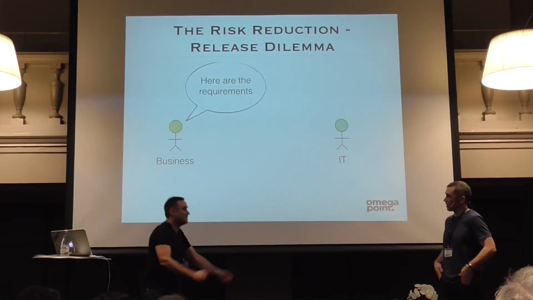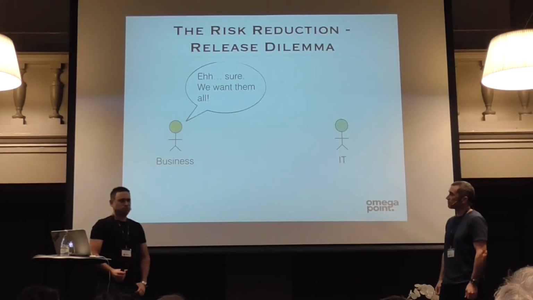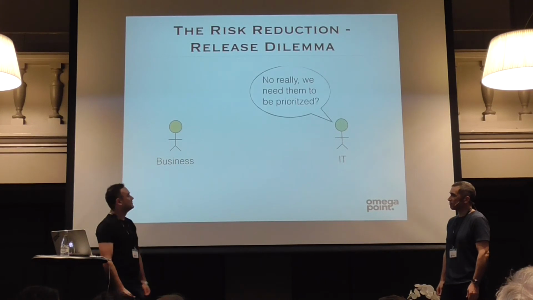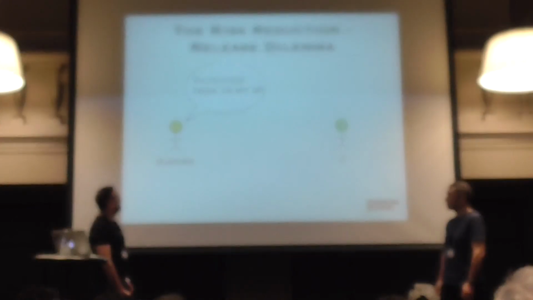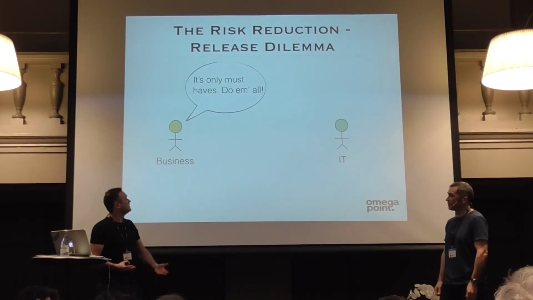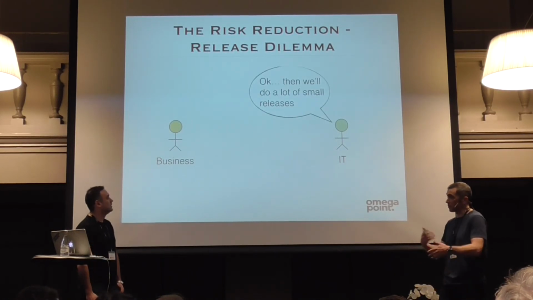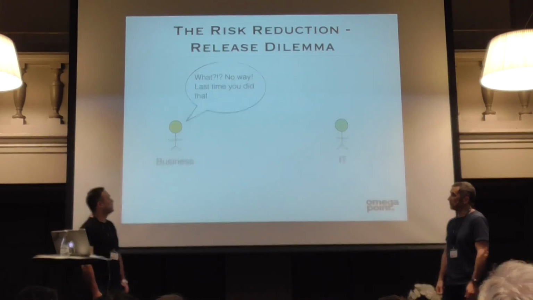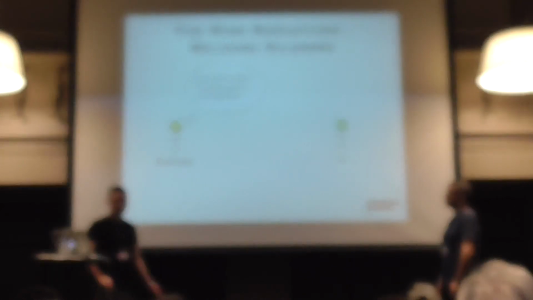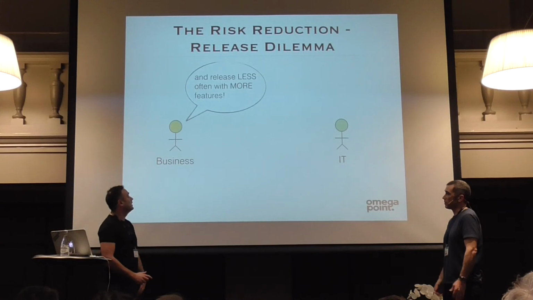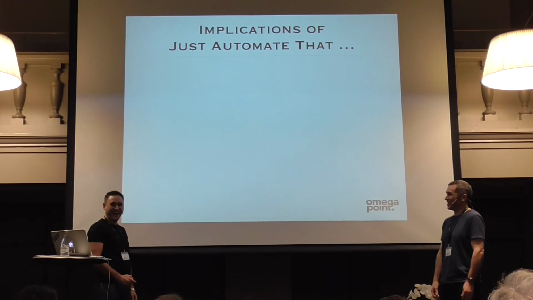Here are the requirements. Okay. It's an awful lot of requirements. Can you prioritize this? Sure. We want them all. Okay. No, really. You need to prioritize it. I don't know where to start. Come on. It's only must-haves. So do them all. Okay, sure. We can do them all, but we're going to do one at a time, and then we're going to release one at a time, continuously. What? No way. Last time we did that, the whole system went banana and we lost bazillions of money, right? Yeah, but that was because... No buts. Whoops. Pressed the wrong button.